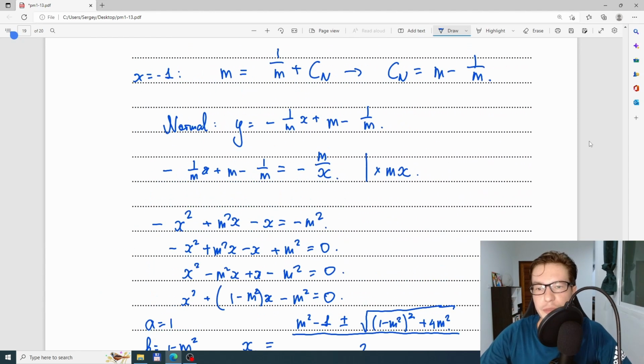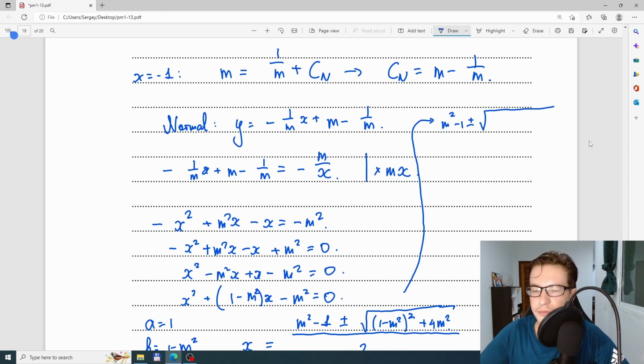Okay, let's simplify the expression under the square root. m squared minus 1 plus or minus, opening the brackets, 1 minus 2m squared plus m to the power 4 plus 4m squared, and all of this divided by 2.